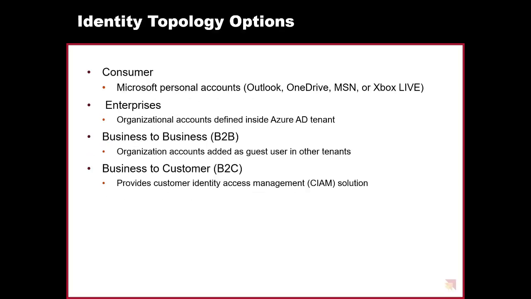Now, another thing that is kind of listed on the Microsoft exam is identify topology options. So who is going to be a consumer user? So that's Microsoft personal accounts. If you just register to use OneDrive but not with a company, or Outlook, MSN accounts, Xbox Live accounts, those are all considered consumer accounts. Now, for enterprise accounts, that just means you live within an Office 365 tenant or an Azure AD tenant.